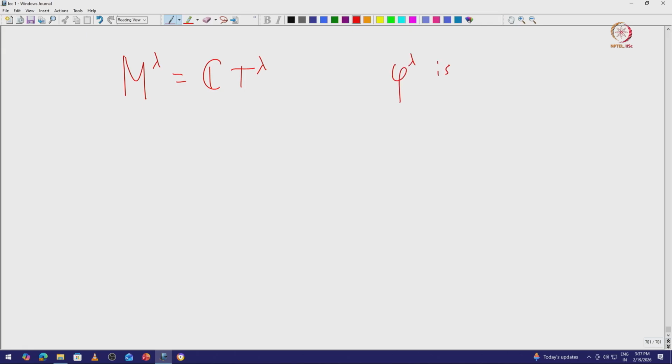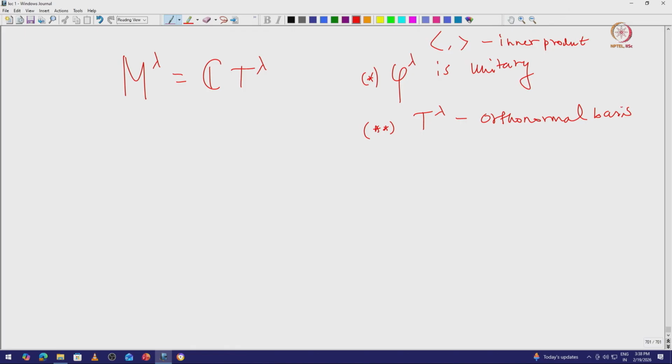That is because we can always take an Sn invariant inner product on this space, that is not a problem. So now we fix this inner product, which we call bracket, so that this becomes unitary and T lambda consists of an orthonormal basis, which we actually did many times.